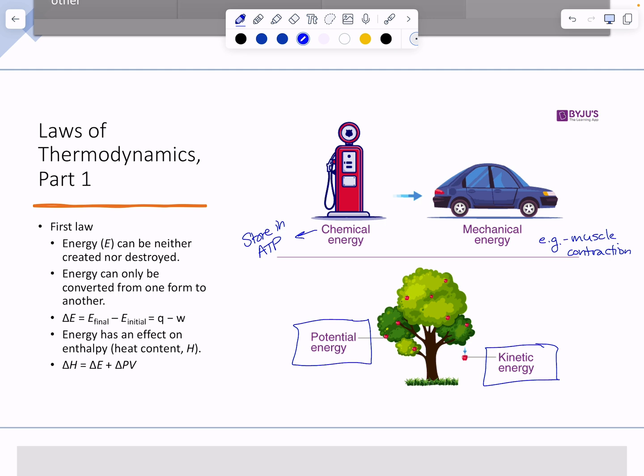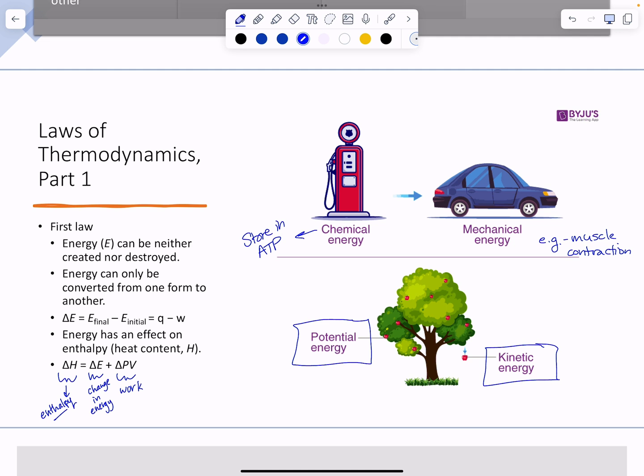All right, so if we talk about heat energy being lost or gained, we call that enthalpy. So this is work, and this is change in energy, and this is our enthalpy.